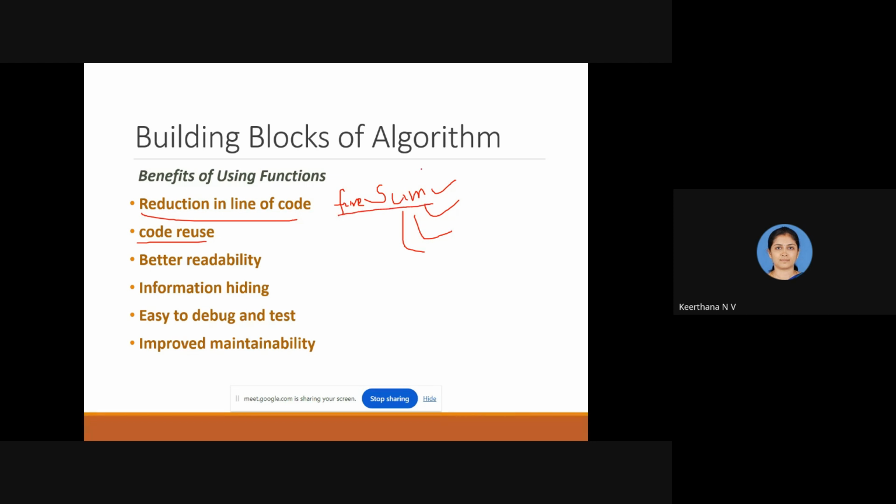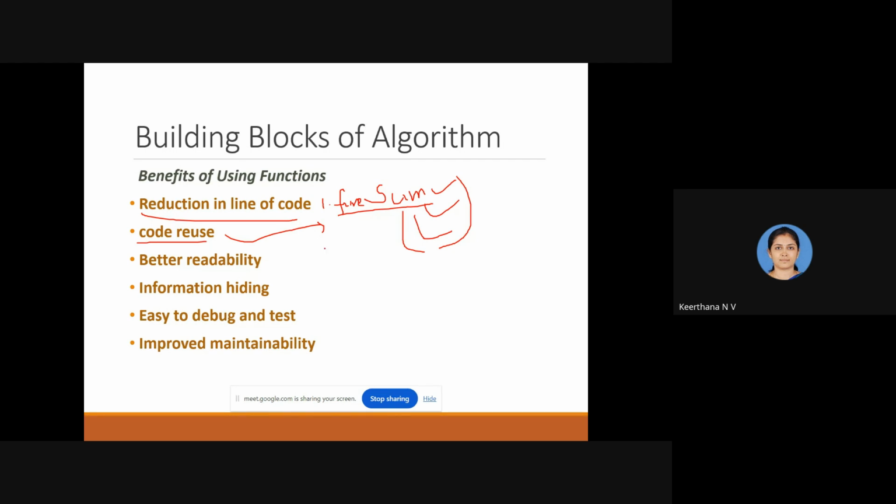So this sum function is called repetitively. It is not necessary to write four separate operations for four addition sets. You include the same operations in a single function and reuse it for four sets of numbers. That ensures code reusability. The third thing is better readability.